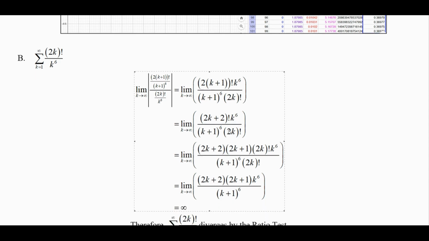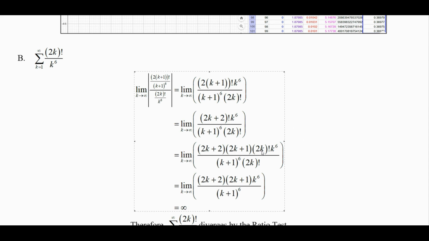This k plus 1 to the 6 is in the bottom, and this thing, 2 times parentheses k plus 1, then close parentheses on the whole thing, factorial is there. Now this is inside the parentheses, so you go ahead and distribute here and get 2k plus 2, and that's factorial, like that. Now, 2k plus 2 factorial is 2k plus 2 times 2k plus 1 times 2k, 2k minus 1, 2k minus 2, and so forth.